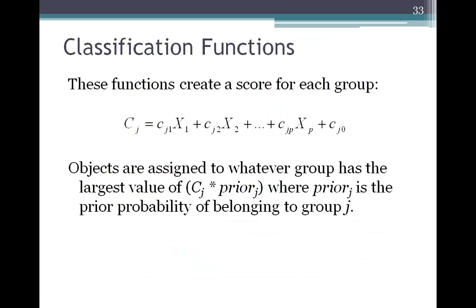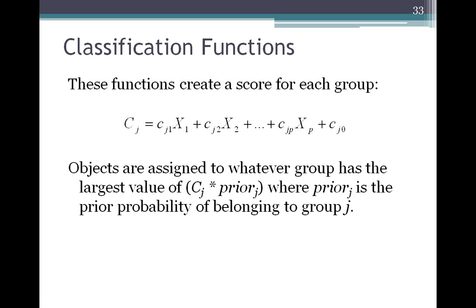If I take a particular state and put in its characteristics, I can come up, for example, with the state of Virginia, a score for Obama and a different score using a different classification function for Romney.